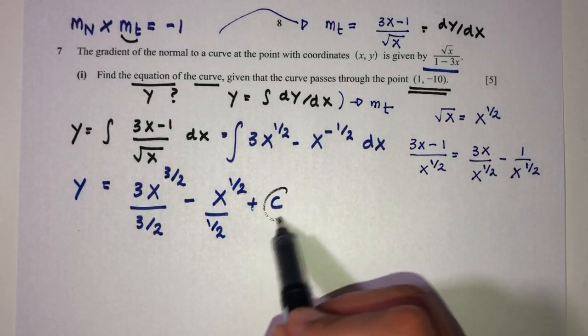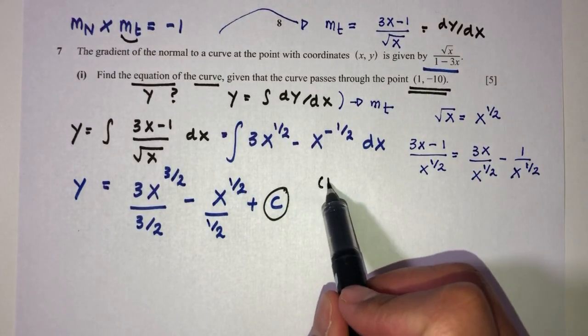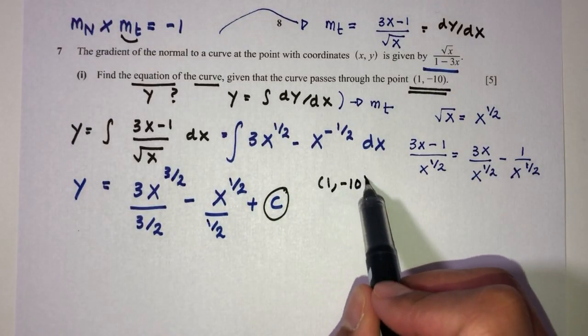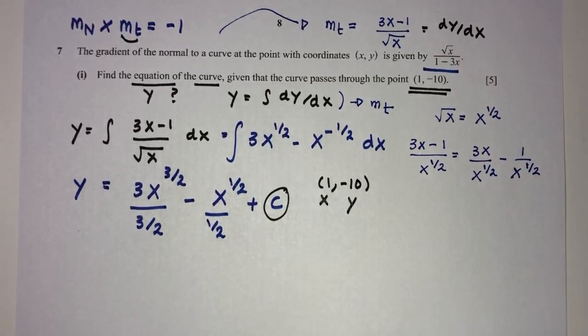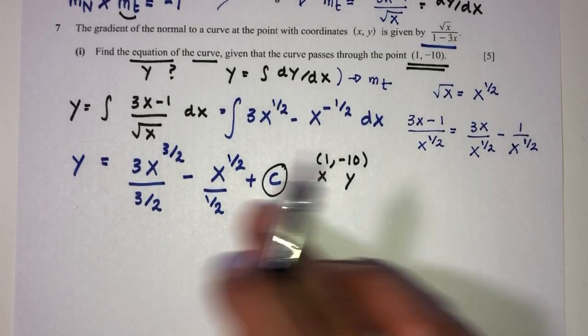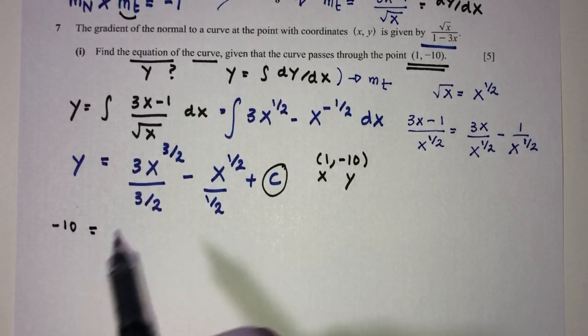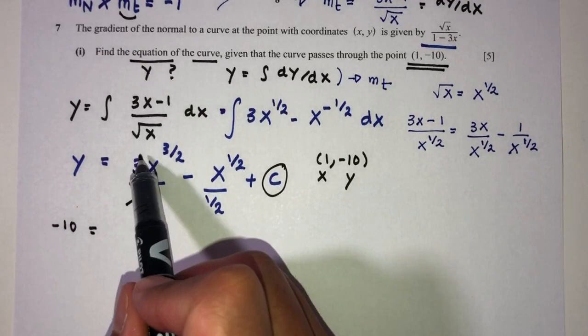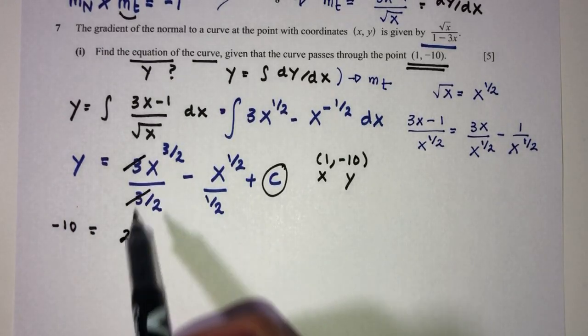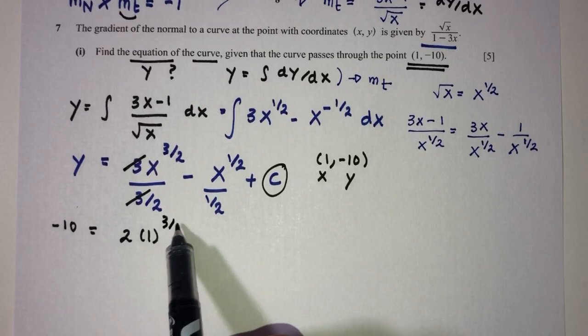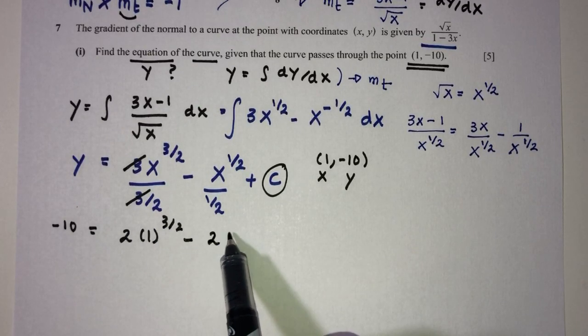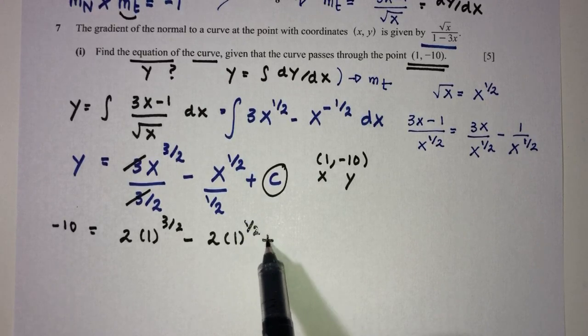Now we have to find the value of c by using this point. We know that this is the point given to us, this is x, and this is y. Replace the values in your equation. y is minus 10, and the rest was what? So this will cancel out. You will have 2, x is 1, 1 to the power 3 over 2 minus 2 times 1 to the power half plus c.